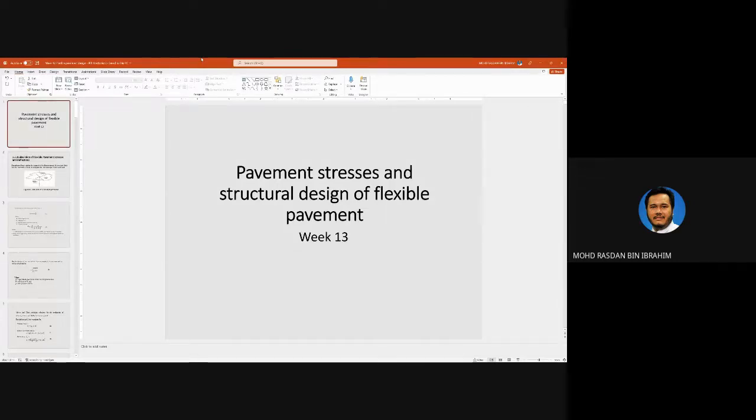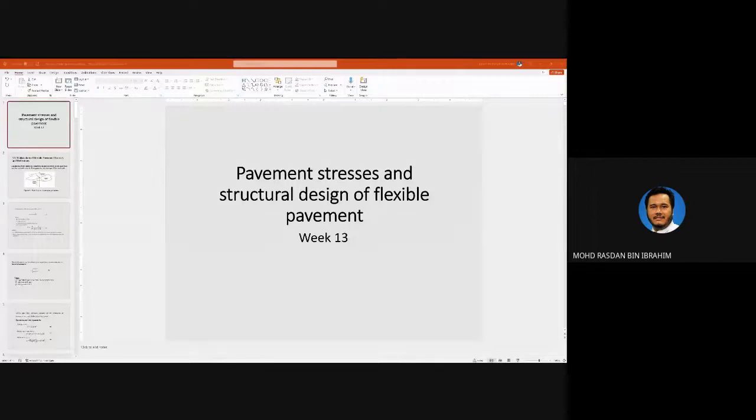So today we're going to cover two topics: pavement stresses and structural design of flexible pavement. I mentioned to you last week that these two final classes, this week and the one we're going to have tomorrow, can be considered important classes.